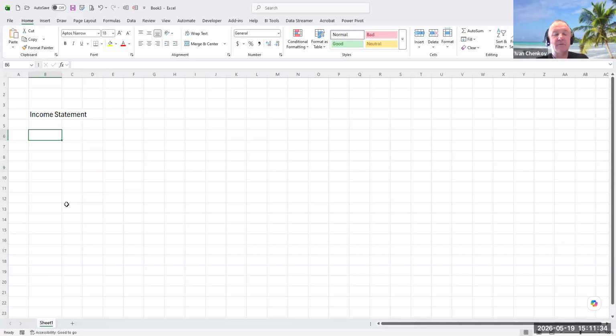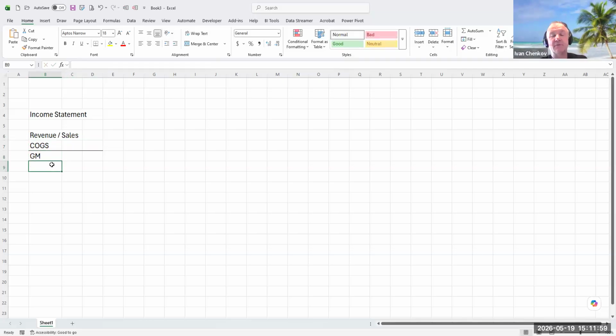The income statement should look like this: revenue, or sales, or whichever. You can use those interchangeably, it doesn't matter. Then we're going to have cost of goods sold. This is the standard cost of goods sold. Once you get the cost of goods sold, then you can calculate the gross margin.